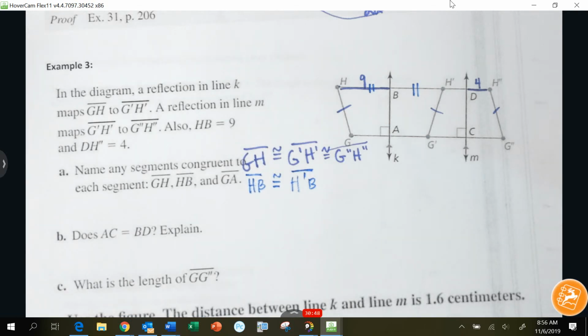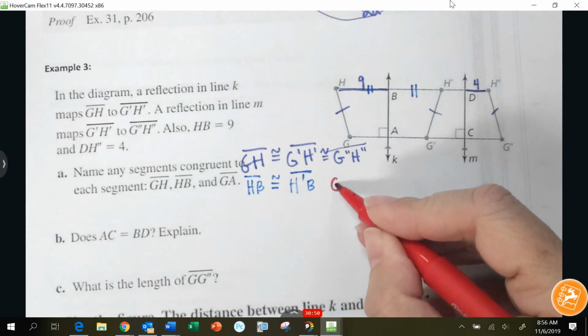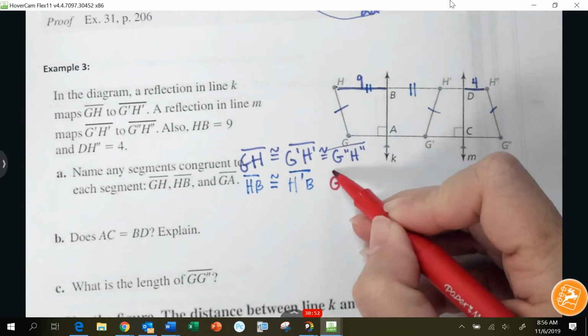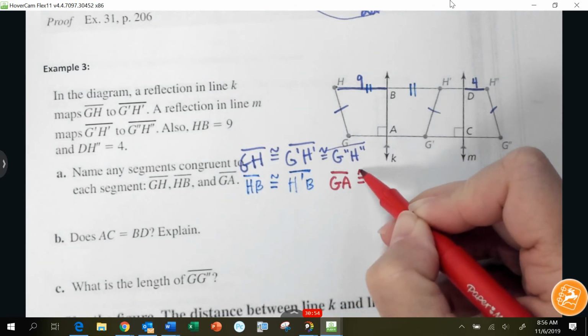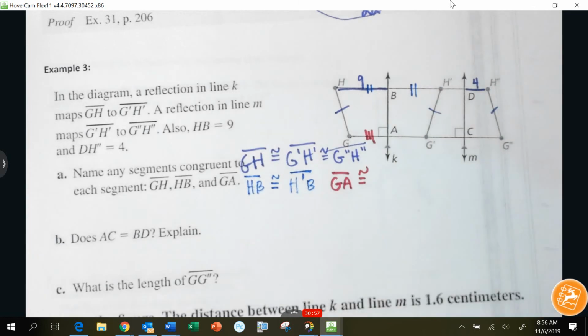How about GA? So here's GA. Denise, can you help me with GA?